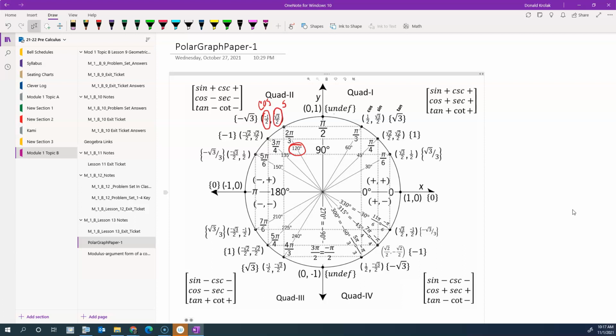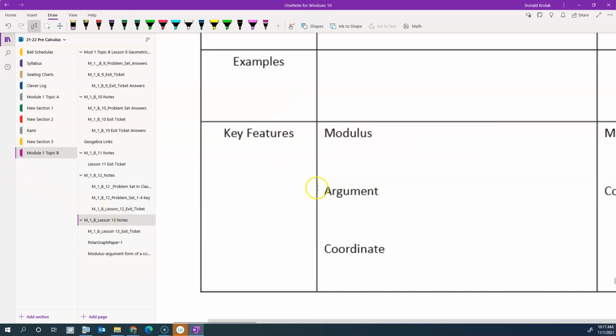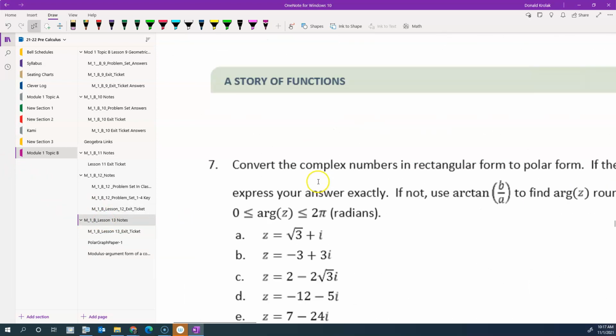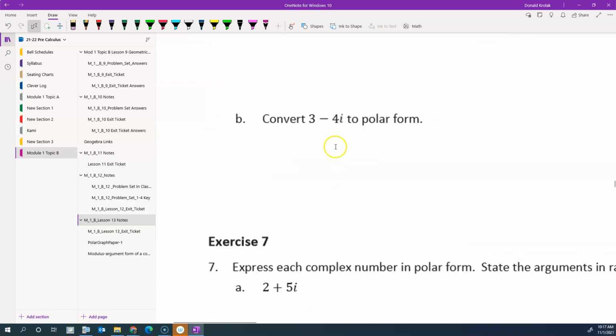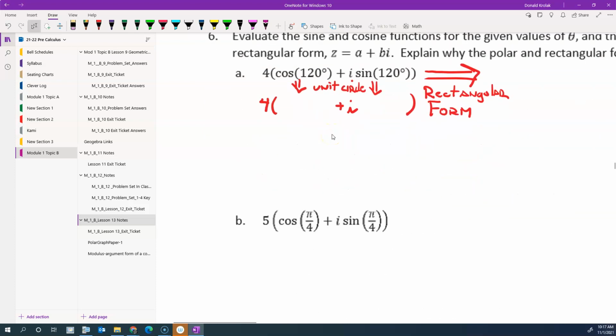Positive root 3 over 2 is my sine. So I'm just going to replace those with those values. This was negative 1/2, and this one was root 3 over 2.